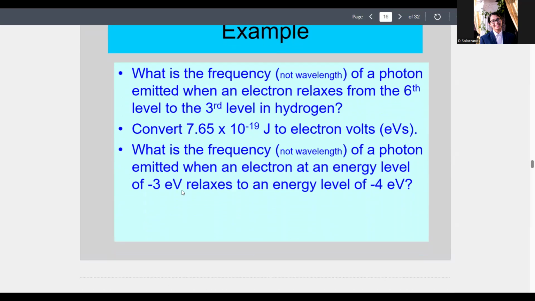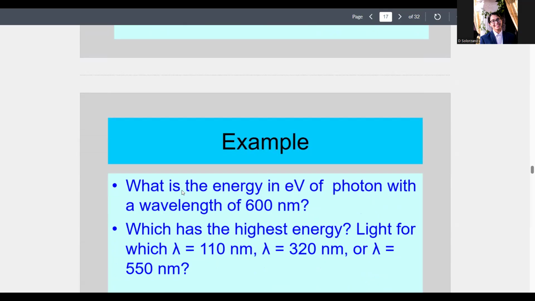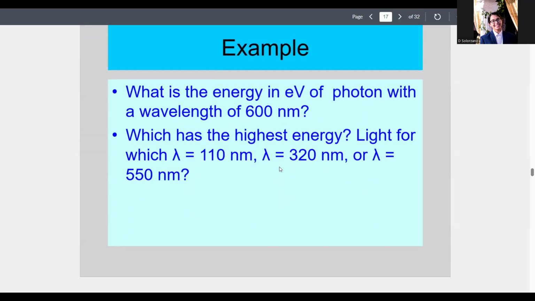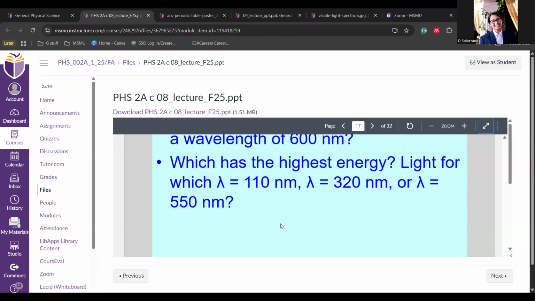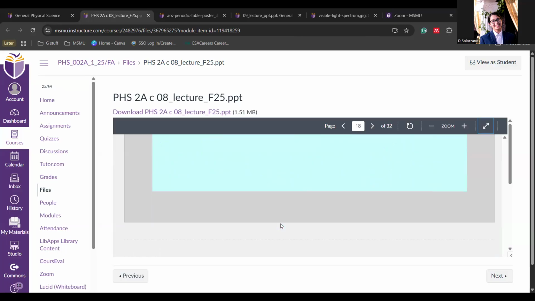I won't be doing any example calculations. For the highest energy, just know that as you get smaller in wavelength, it's going to be moving faster.